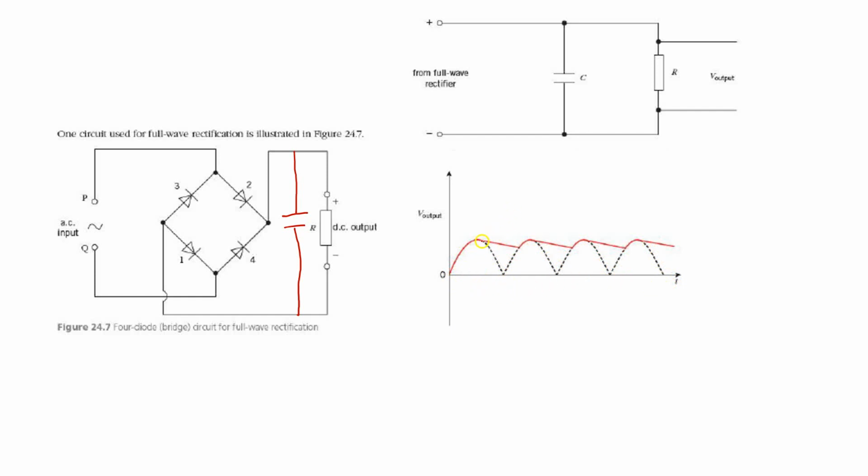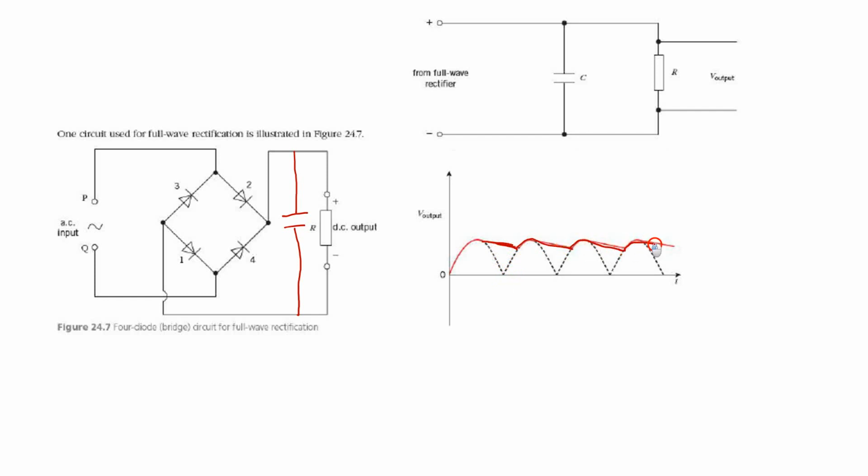Now, whenever the capacitor is discharging, it adds some amount of voltage here. So rather than going to zero, it does not allow the voltage to go to zero. The capacitor is discharging to keep some amount of current flowing.